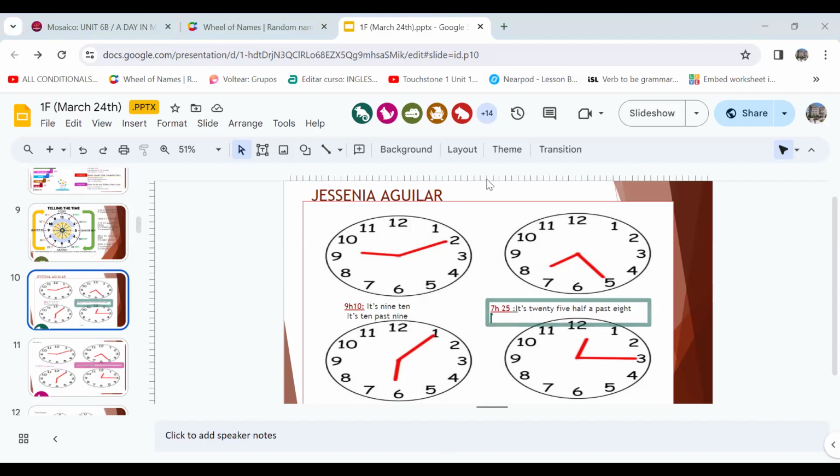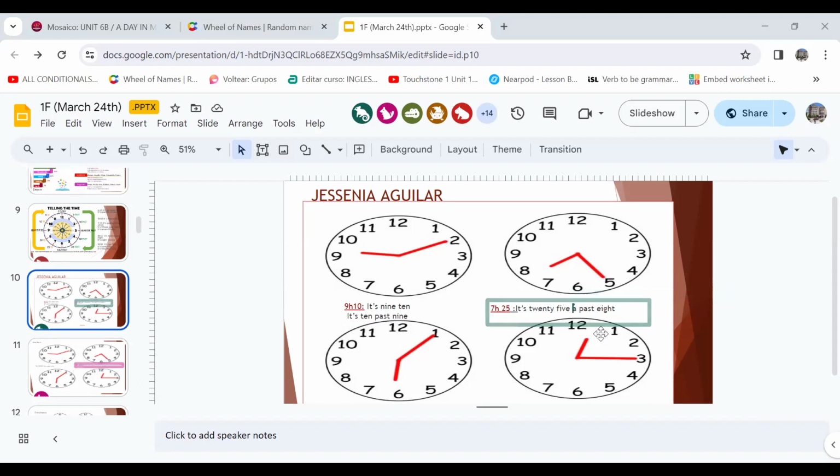Okay, so I mentioned that this is correct, Yesenia, it's 9:10 or it's 10 past 9. But here, no, okay, 25, pero aquí no va half. ¿Para qué le pone half? Por eso.